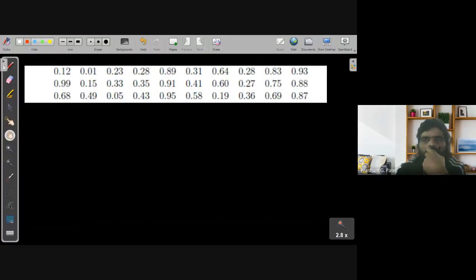From this sequence, the numbers appear to be random if they pass all the tests presented up to this point.